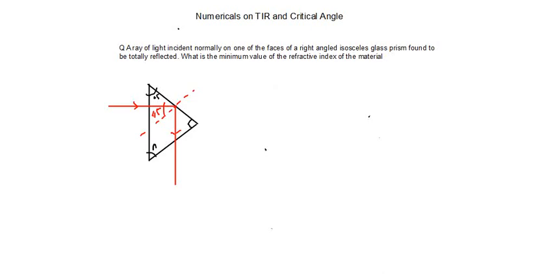Now if I use Snell's law, or not even Snell's law, we know the relation of critical angle only. For this ray to get totally reflected, the angle of incidence must be greater than the critical angle. Because it is at 45 degrees and getting reflected, 45 degrees must be greater than the critical angle, so sine 45 degrees must be greater than sine IC.